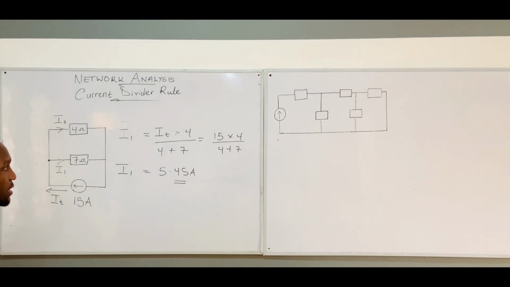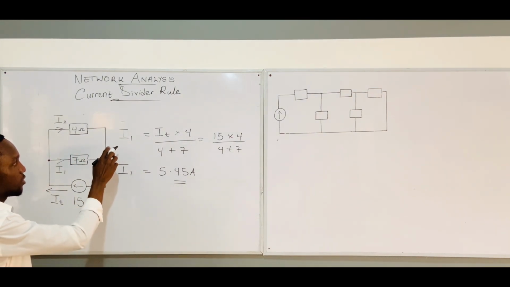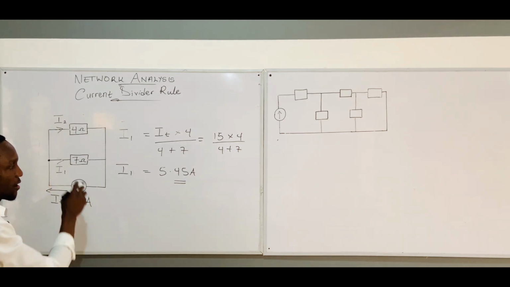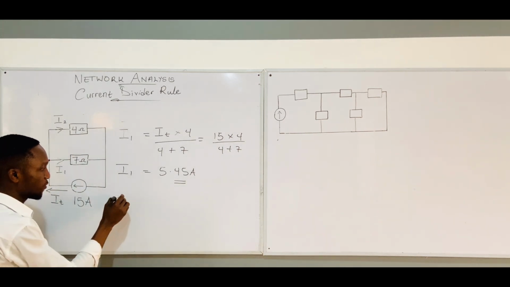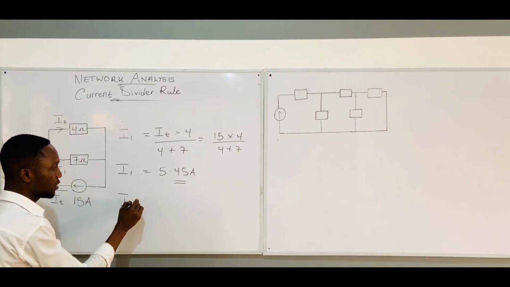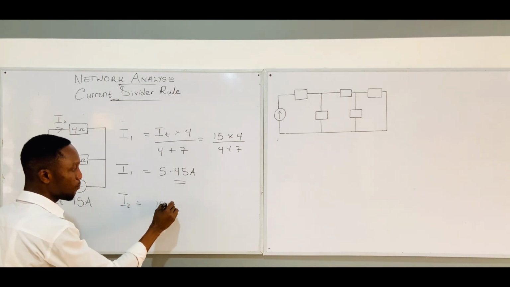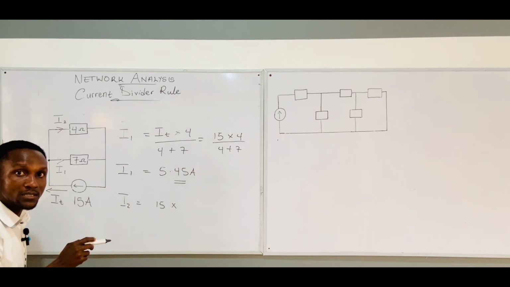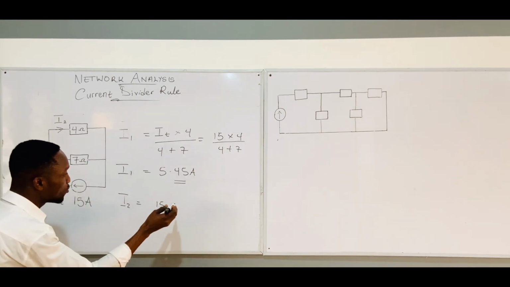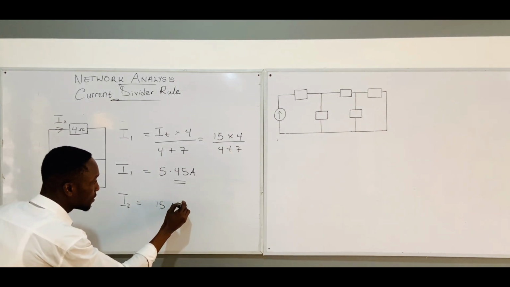5.45 amps. In the same way, if I want to find I2, which is current 2, I can use the same formula. I2 equals the total current, which is 15, multiplied by the second resistor value, which is opposite to that one. So we take 7.